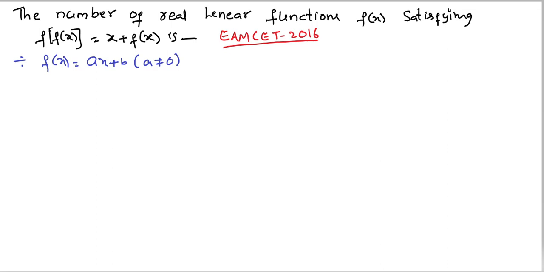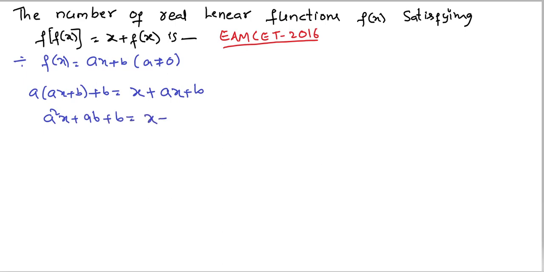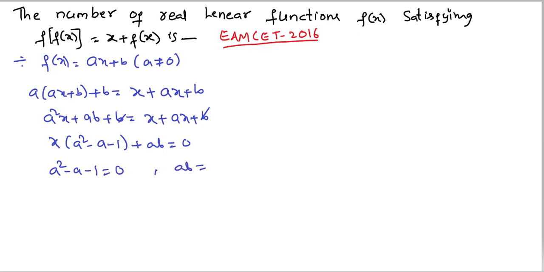Substituting in the given relation, f(ax + b) = x + f(x), that is a²x + ab + b = x + ax + b. Let b cancel and take x common: (a² − a − 1)x + ab = 0. From this, a² − a − 1 = 0 and ab = 0.